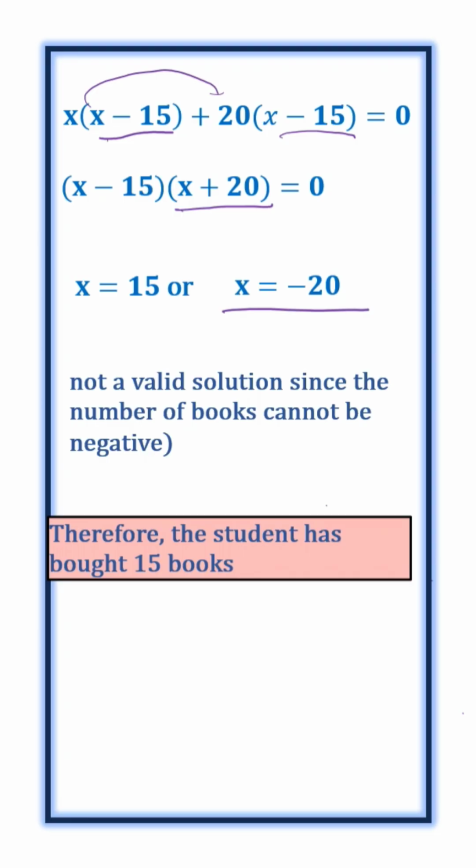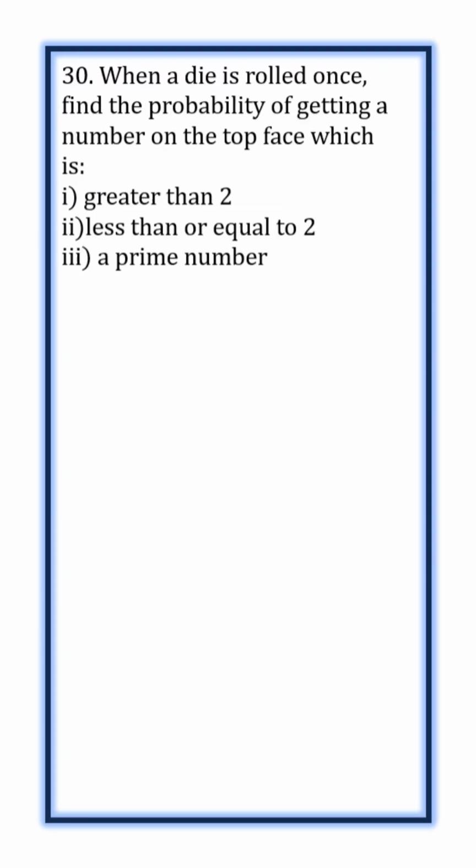Now, let us move on to the 30th question of State Level Preparatory Exam 2. When a die is rolled once, find the probability of getting a number on the top face which is, there are three questions: the first one is greater than 2, second one is lesser than or equal to 2, third one a prime number.